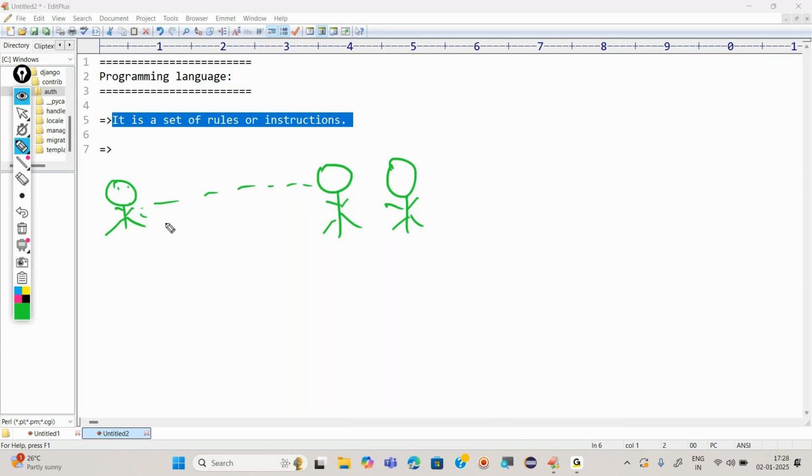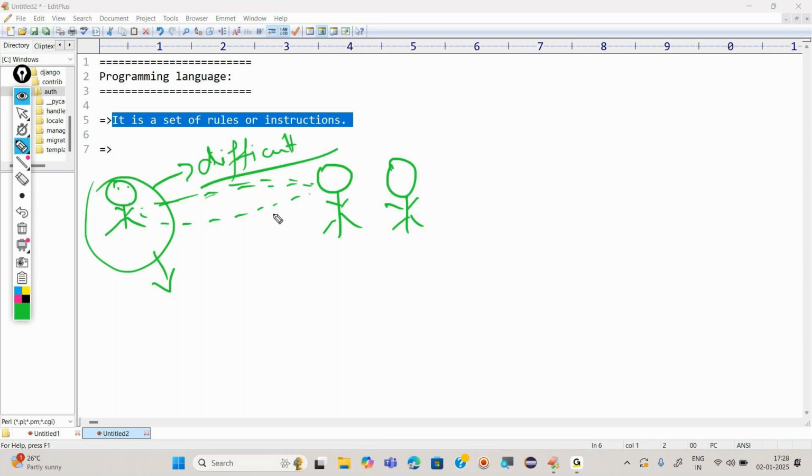Or else he will learn what they are talking. But learning Telugu is quite a difficult thing for him, because it is a language he might not have heard or faced. So either he will just talk in his own language, or he will try to learn Telugu.